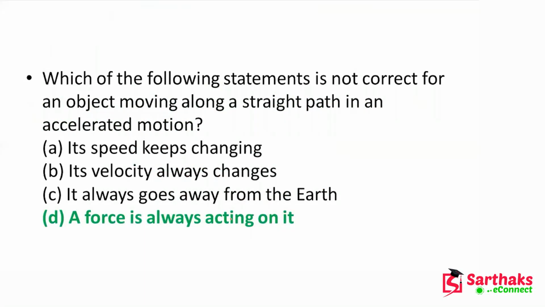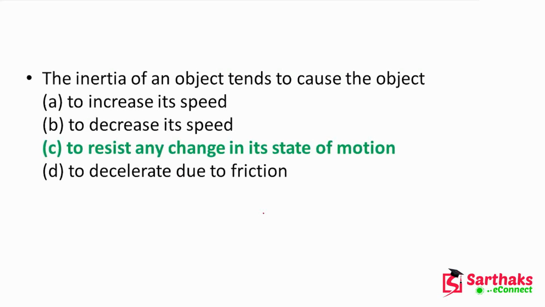Next, some MCQs. Let's do it. Which of the following statements is not correct? Here you have to read the question properly. Not correct. For any object moving along a straight path in accelerated motion, a force is always acting on it. Okay. The inertia of an object tends to cause the object to resist any change in its state of motion.